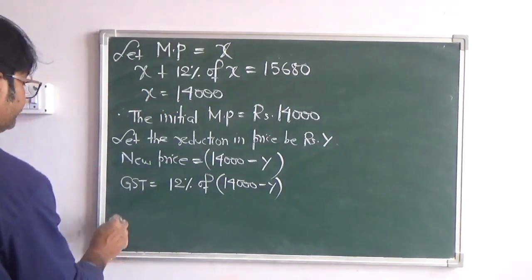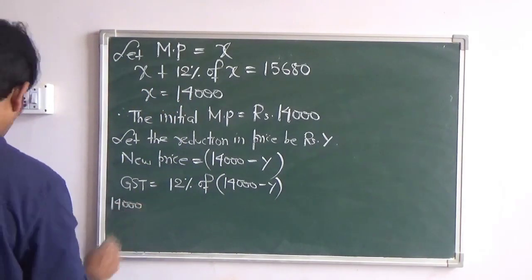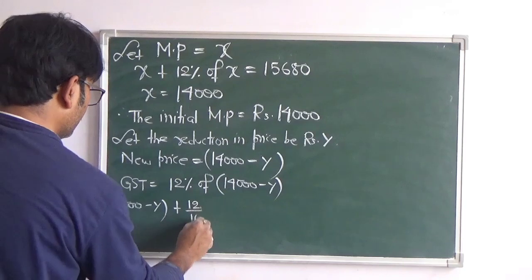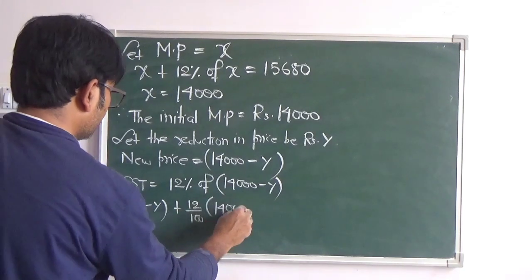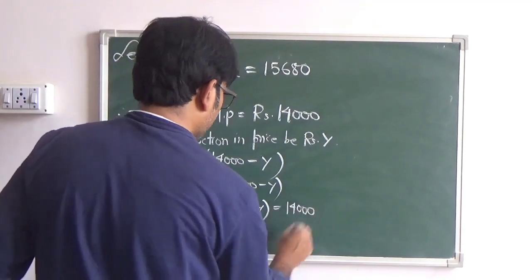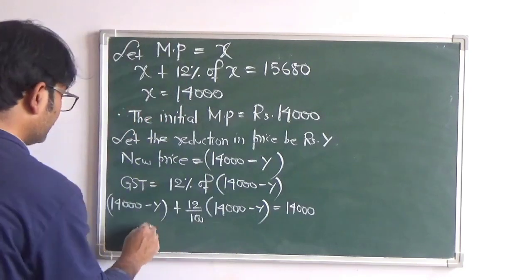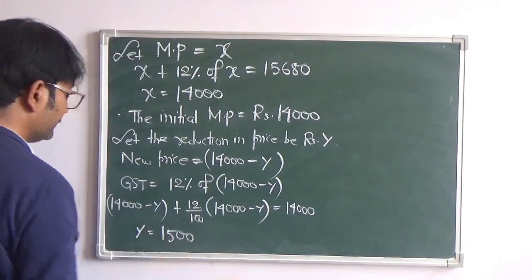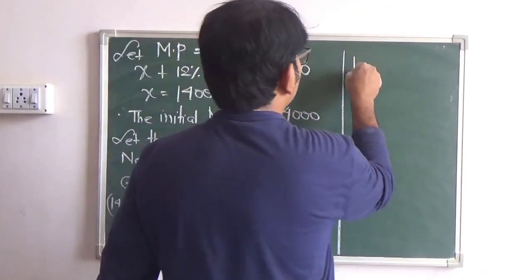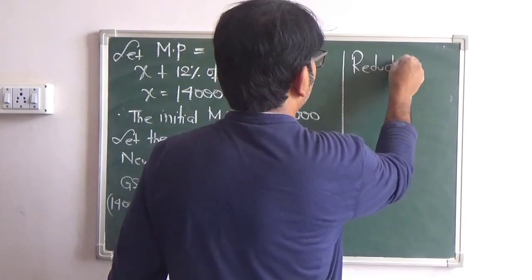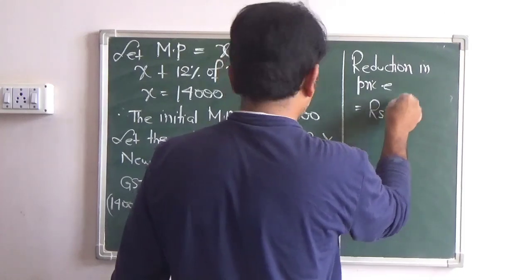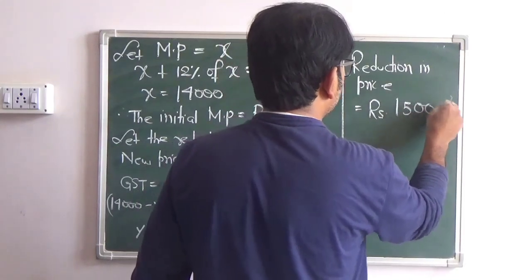Now we have 14,000 minus Y plus 12 by 100 into 14,000 minus Y, and that is equal to 14,000, right? Now solving this, we get Y equals 1500. So therefore the reduction in price is equal to rupees 1500.